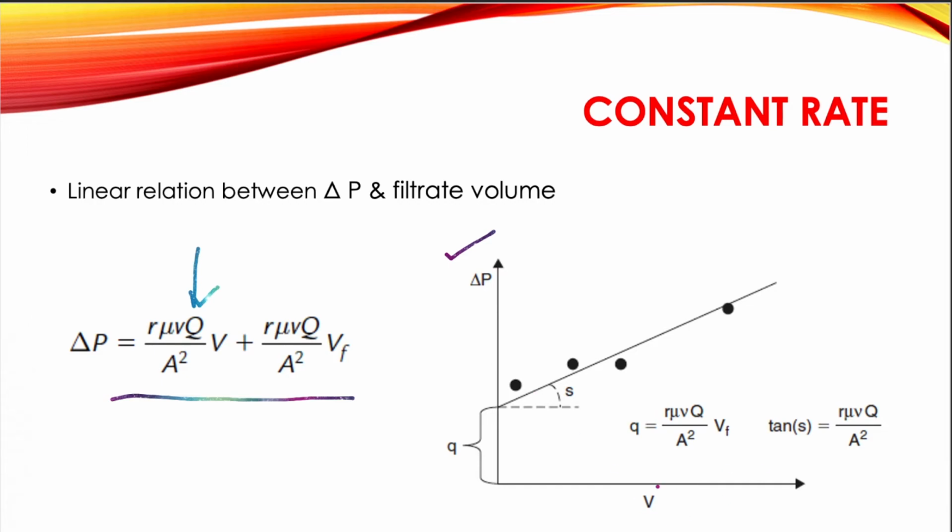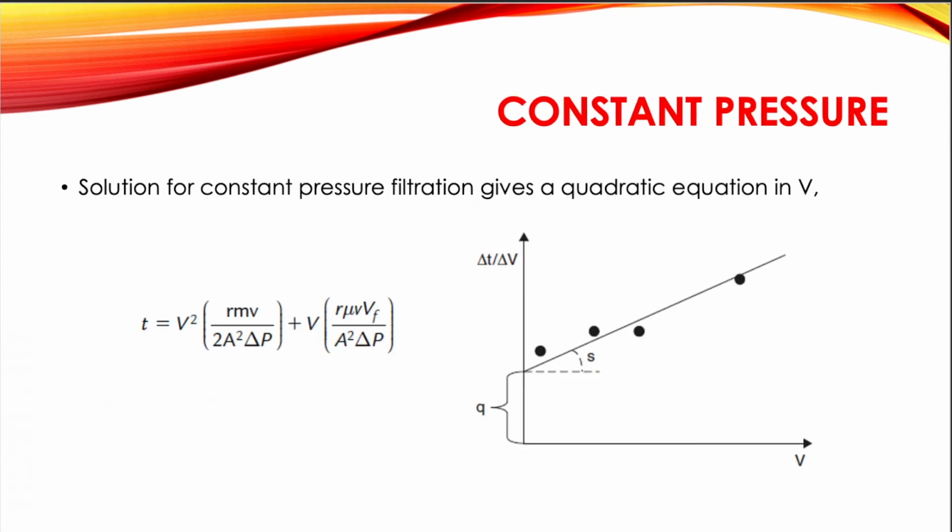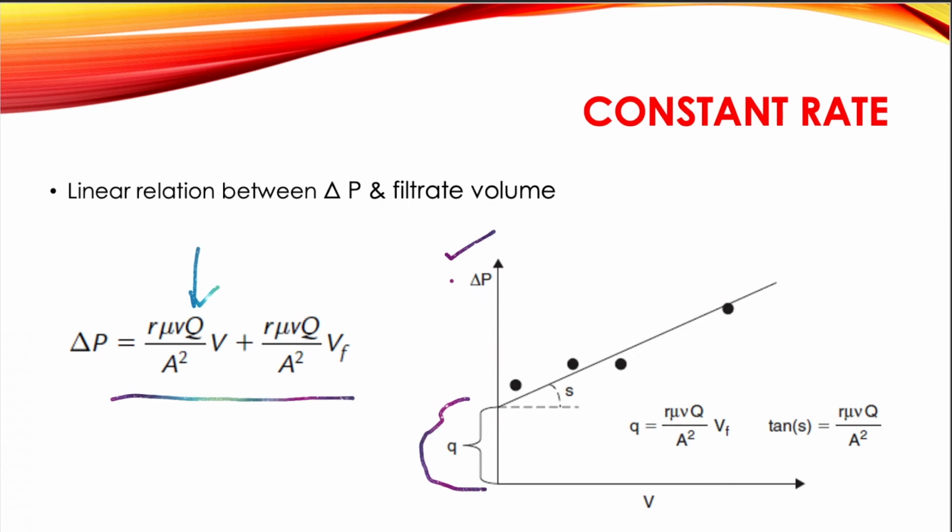You can see here where you're going to need the Q down here, and this is for constant pressure. So this is delta T over delta V against volume. And here you can see delta P, pressure, against volume.